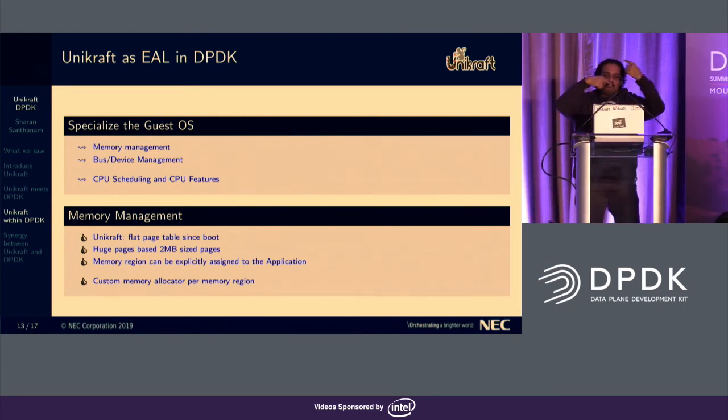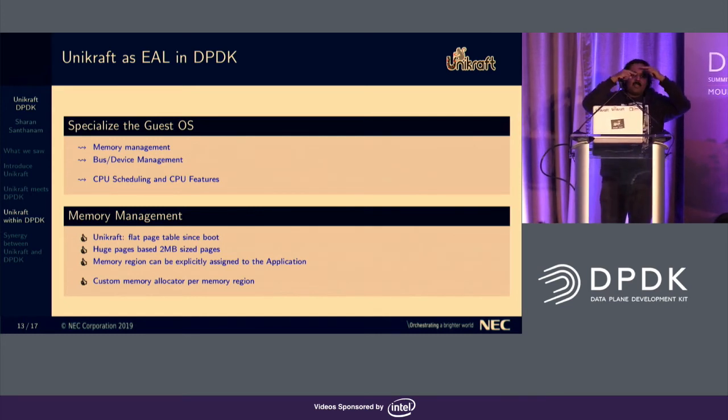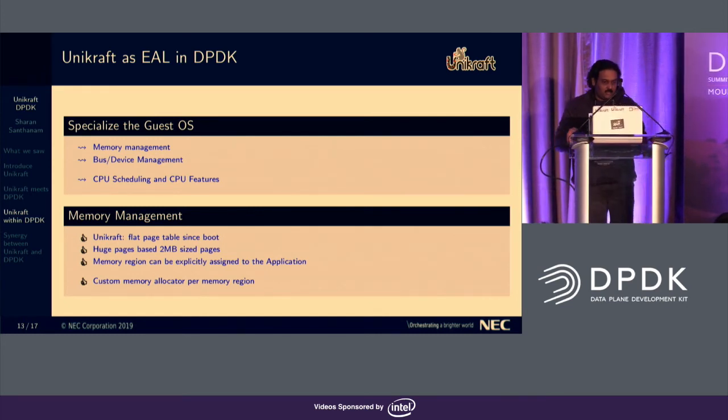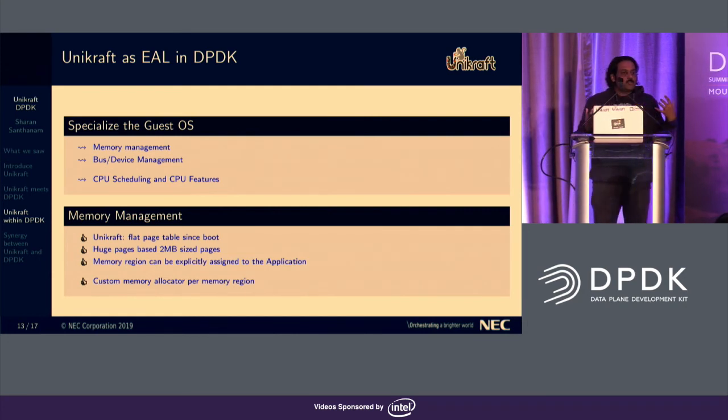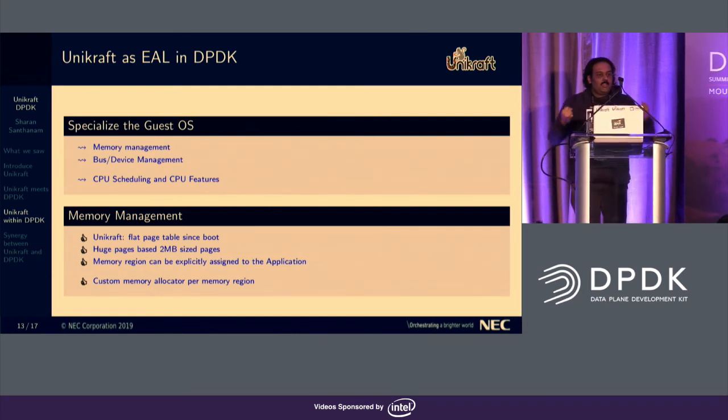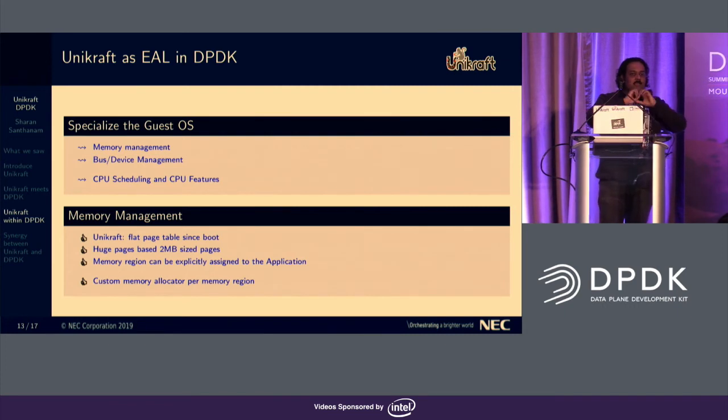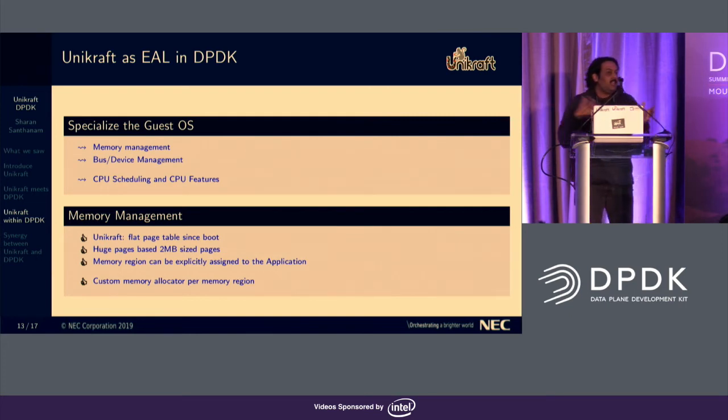There's a one-to-one address map between the physical and the virtual memory. From the application perspective, since the memory region is reserved for itself, it knows what to do with it and can implement an allocator on top of it, for example a heap allocator, and hand out memory the way it wants, to customize it.